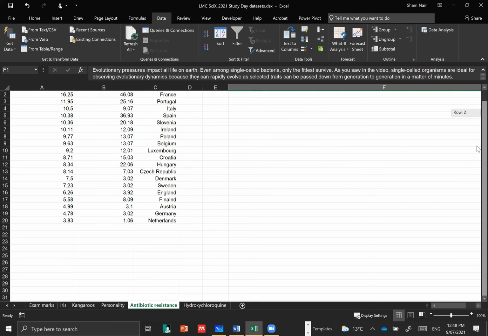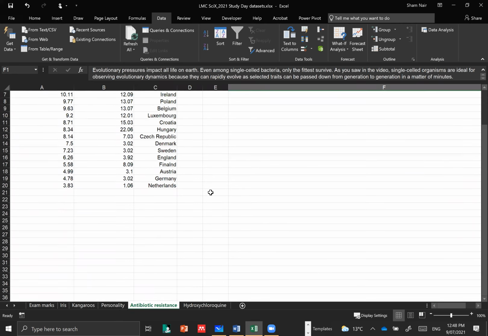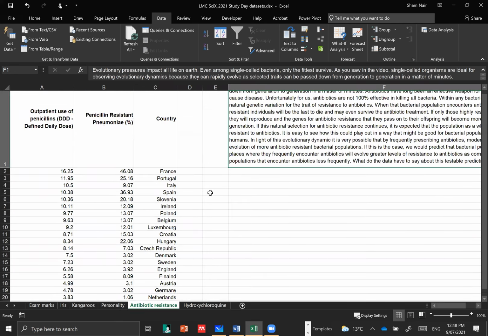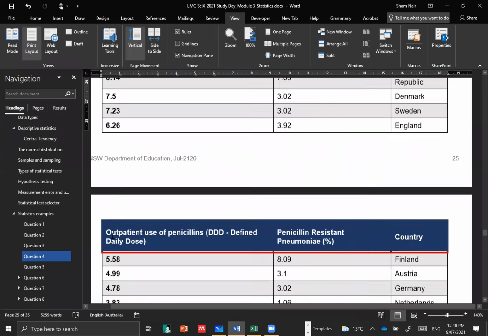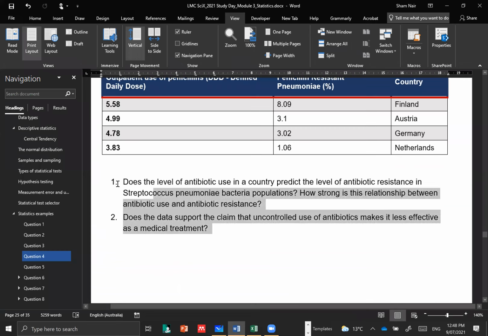Now, the data, so there's the raw data for you to play with if you want to. And then there is a set of questions for you to answer, again, using the statistical output to support your answer.